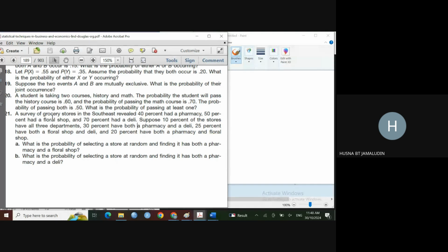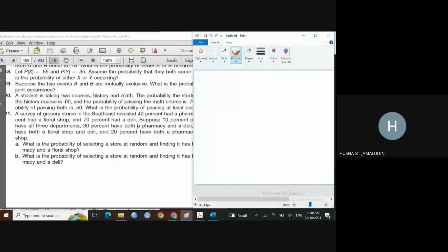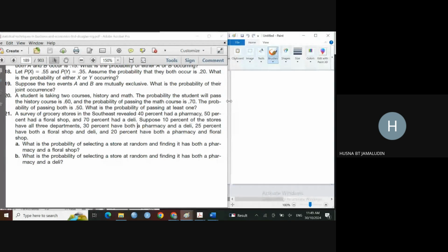A survey of grocery stores in the southeast revealed 40% had a pharmacy. So for the pharmacy you have 0.4. When we talk about probability and they say percent, you just change it into decimal.